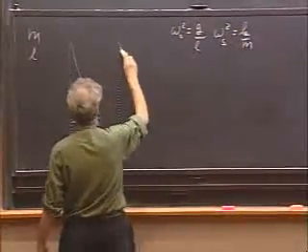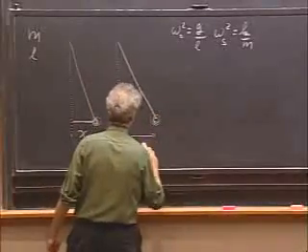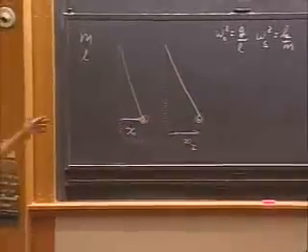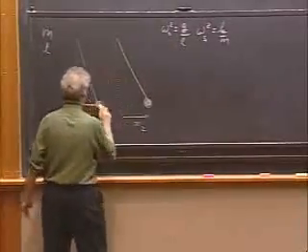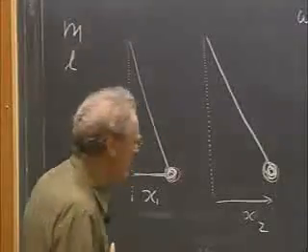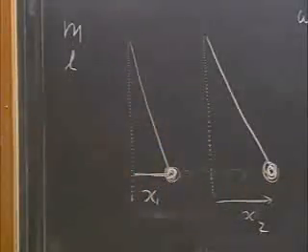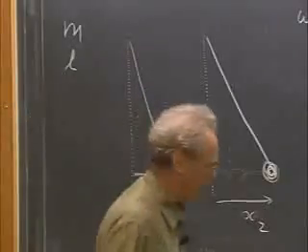And this one I offset over a distance x2. Notice, you don't have to do that. I always offset them in the same direction. And then there is this spring that connects them. I will just make it very thin, the spring, otherwise the picture becomes a little bit too complicated.